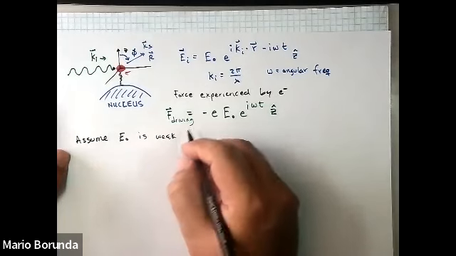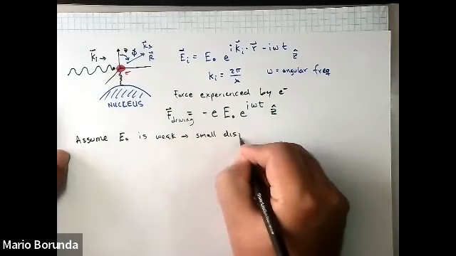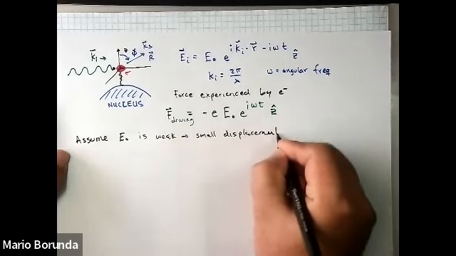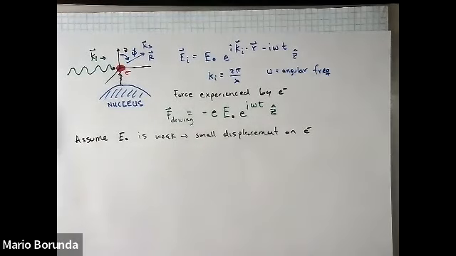Because it's weak, it produces a small displacement on the electron. If it wasn't weak, if it were strong enough, it could drive the electron away, kicking it out of the atom.